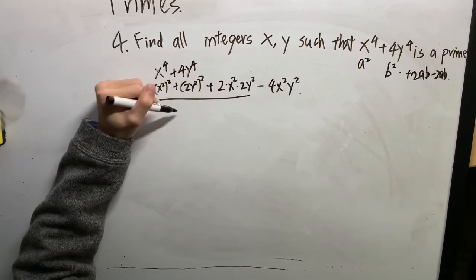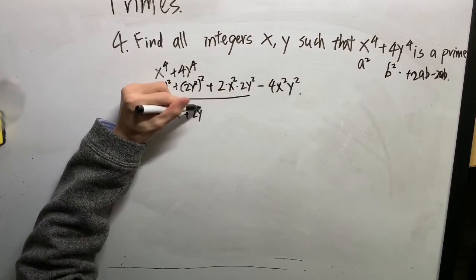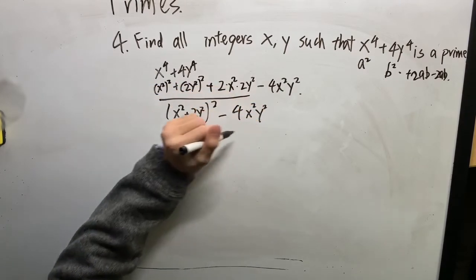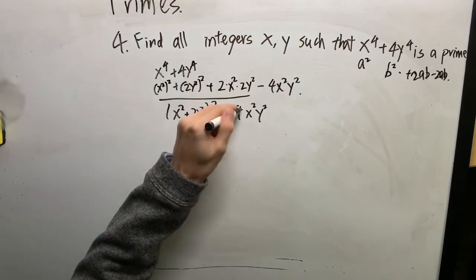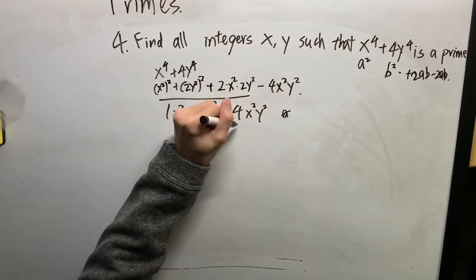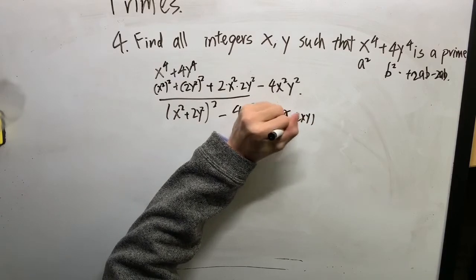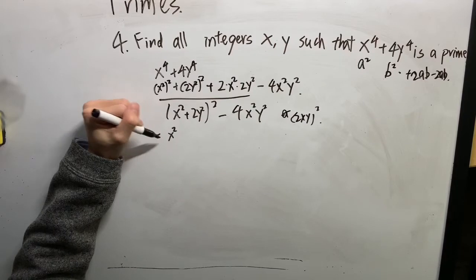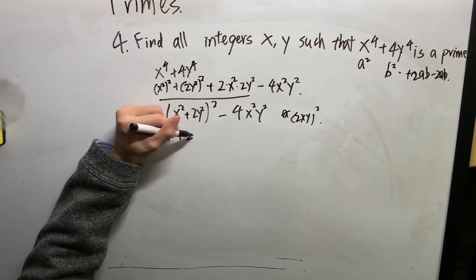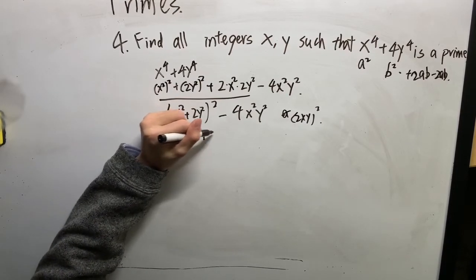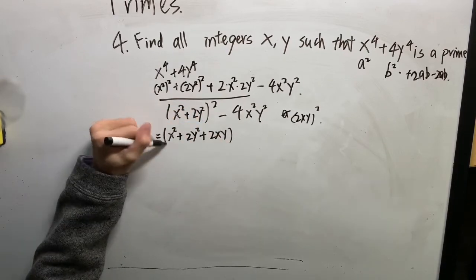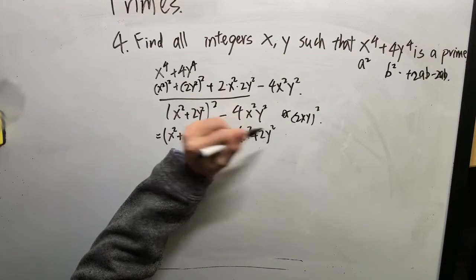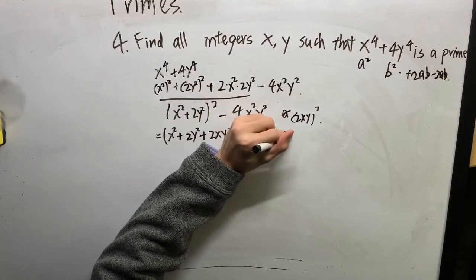Thus, this becomes (x squared plus 2y squared) squared minus 4x squared y squared. And we see this is another square, (2xy) squared, so we can simplify that as (x squared plus 2y squared plus 2xy) times (x squared plus 2y squared minus 2xy).